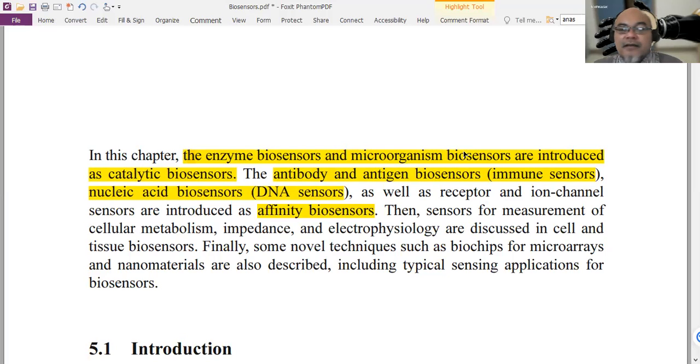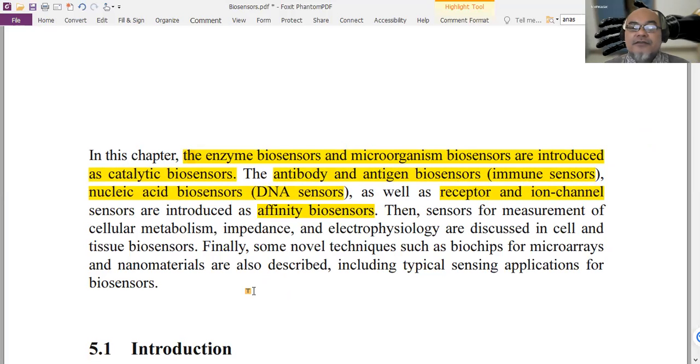We can also have receptor and ion channel sensors, because from the early chapters in this course there are many receptors that bind specifically to specific molecules on the surface, in the membrane of our cell, as well as ion channels.